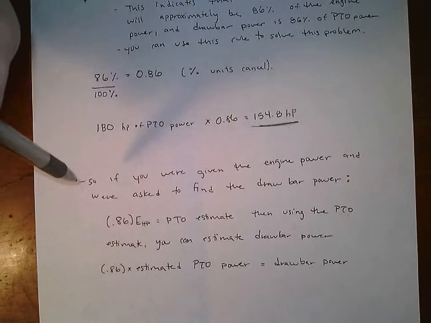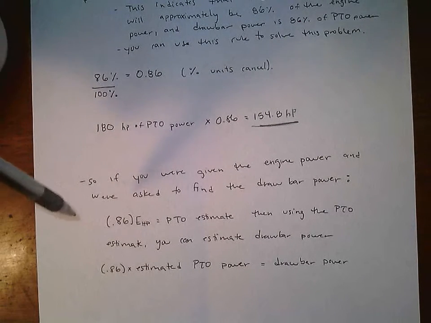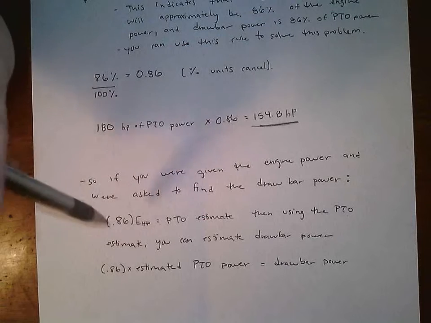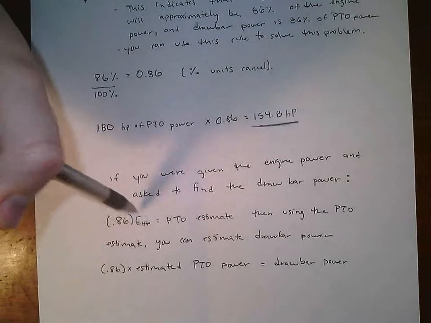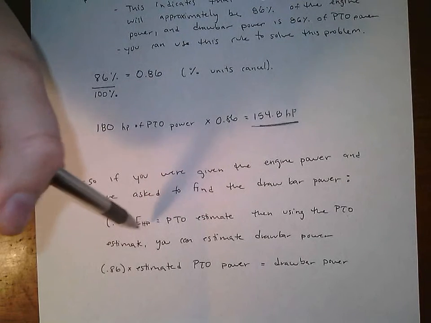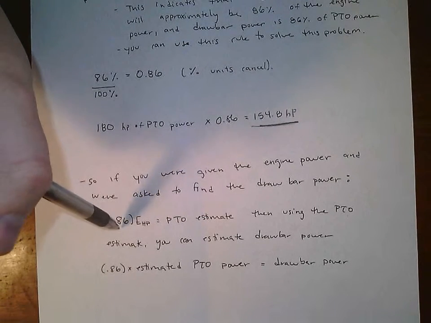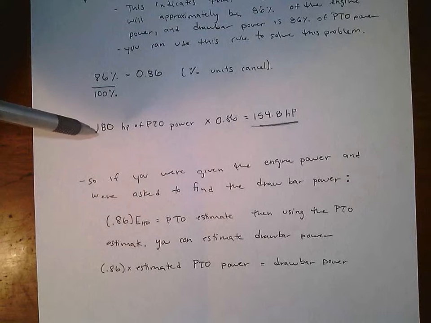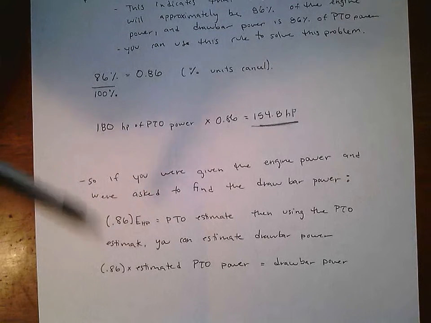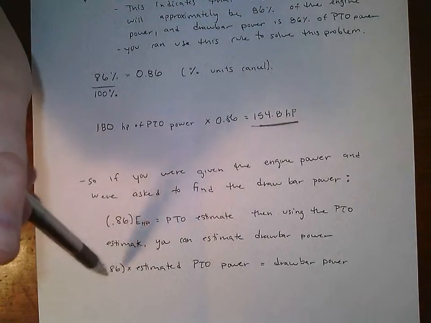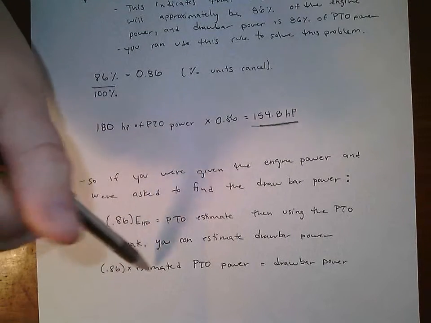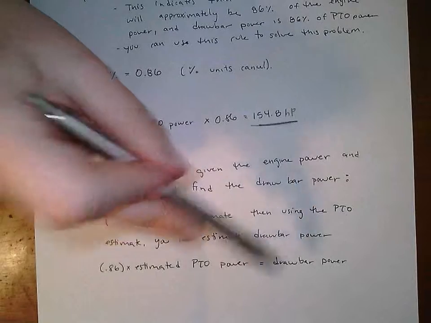Again, this would be a very estimated value. If you were given the engine power in horsepower, you would multiply this times 0.86 to get your PTO power estimation. Then with that number, you would multiply that again by 0.86 to get your estimated drawbar power.